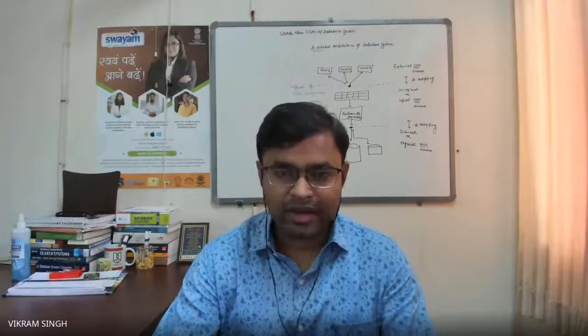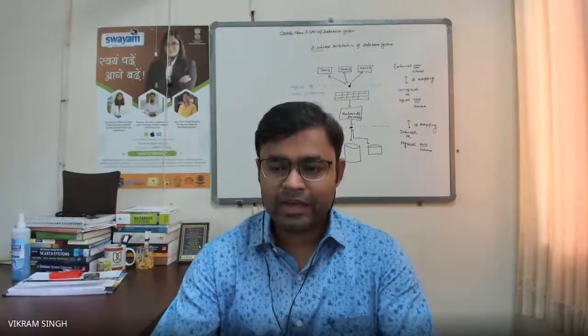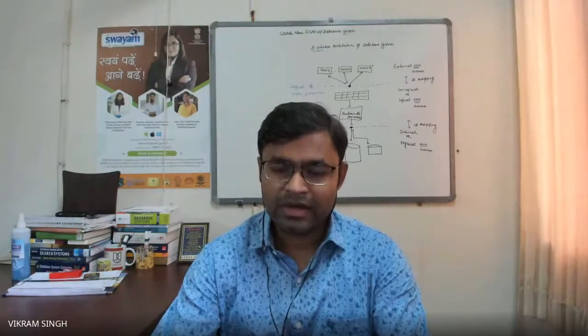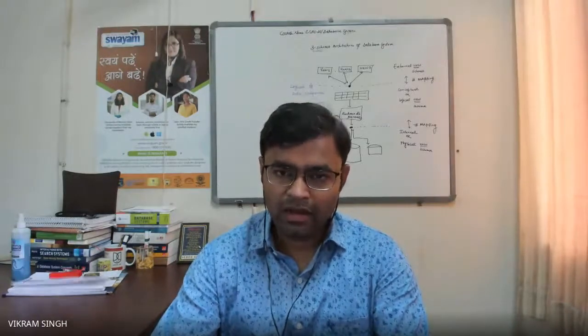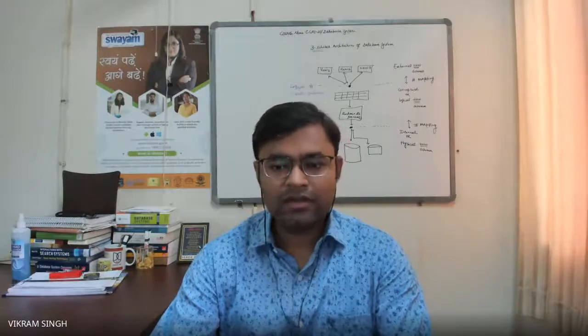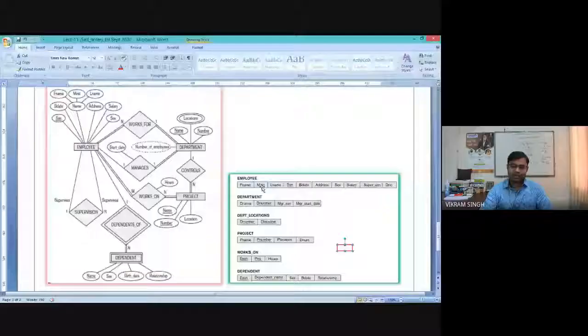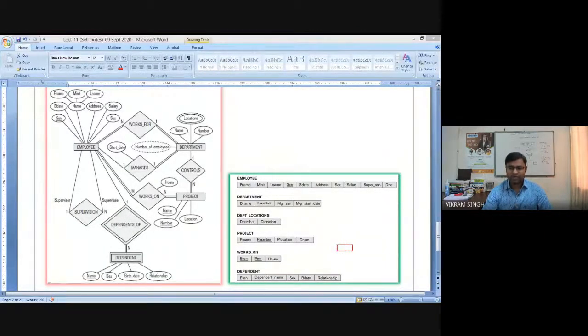Yeah, so that is the main reason, right? Dependent is a weak entity. That's why we need to define the primary key of a weak entity by using the primary key of the main entity on which it depends and its own partial key or weak key, something like that, right?